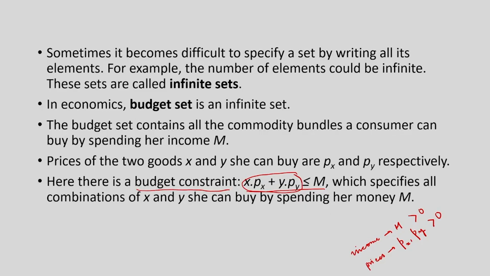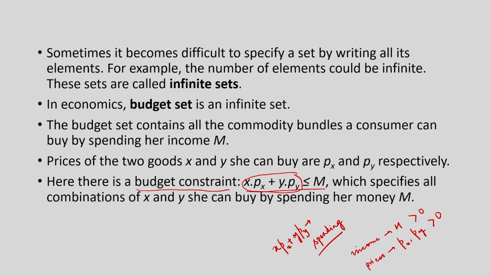Then the total spending of the family is what? This is the total spending, the left hand side. Right. The left hand side is the total spending, and this budget constraint is telling me that the spending must be less than or equal to the income that the family earns, right. That is what the budget constraint is.